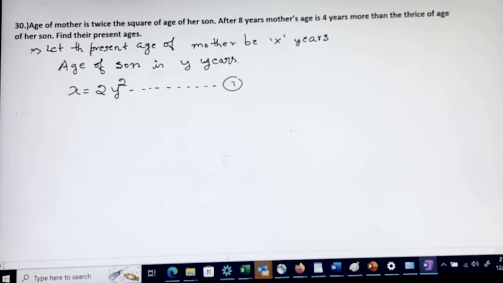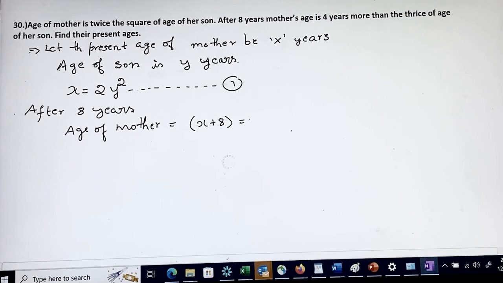Now after 8 years, as the question has given, age of mother is x plus 8 years. If now the age of mother is x, then after 8 years we need to add 8 years.